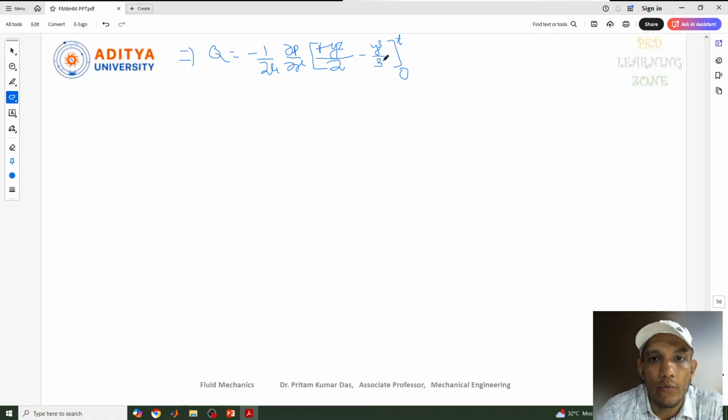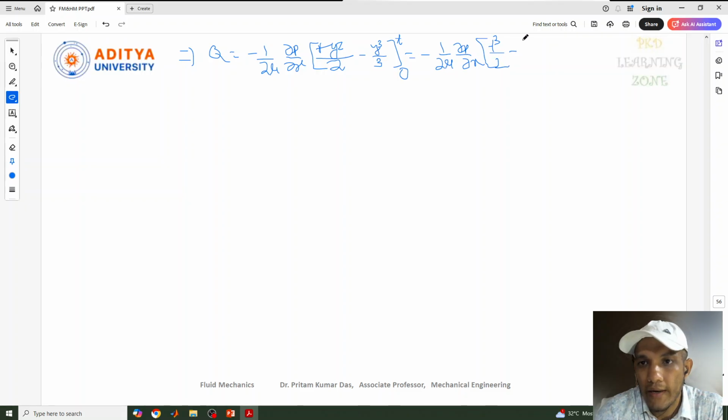Now we put in the upper and lower limits. We get minus 1 by 2 mu del p by del x, bracket, t cube by 2 minus t cube by 3.